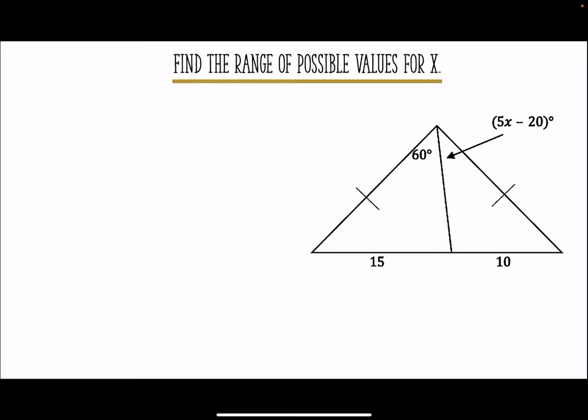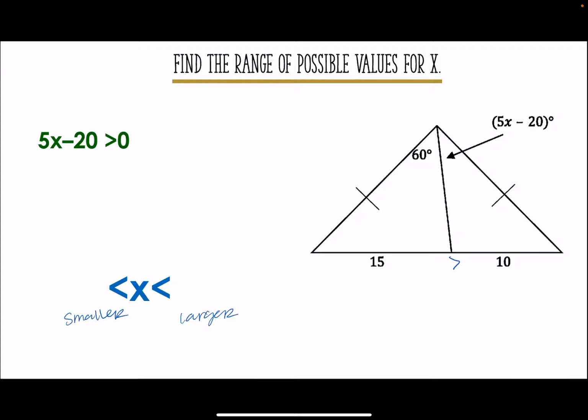And then just like what we did in our last set of notes, you can create an inequality to figure out what this x value is. Now, I would go ahead and set it up like this already. And remember, this is going to be your smaller one, and this is going to be your larger one. And then you'll want to notice that 15, of course, is greater than the 10.